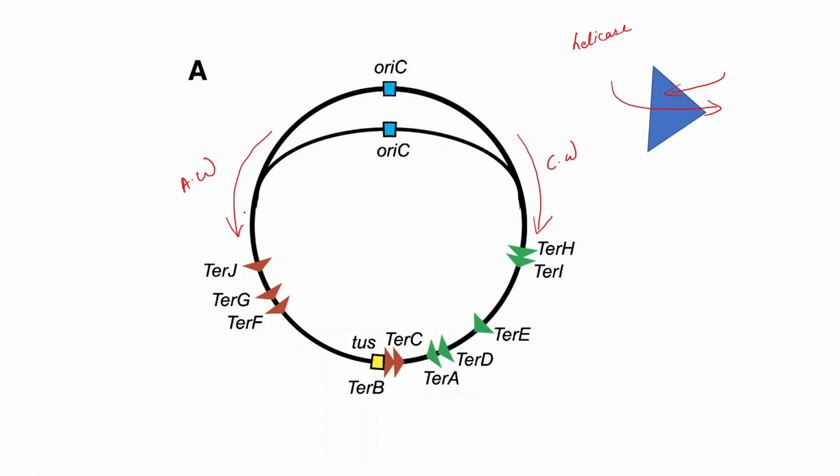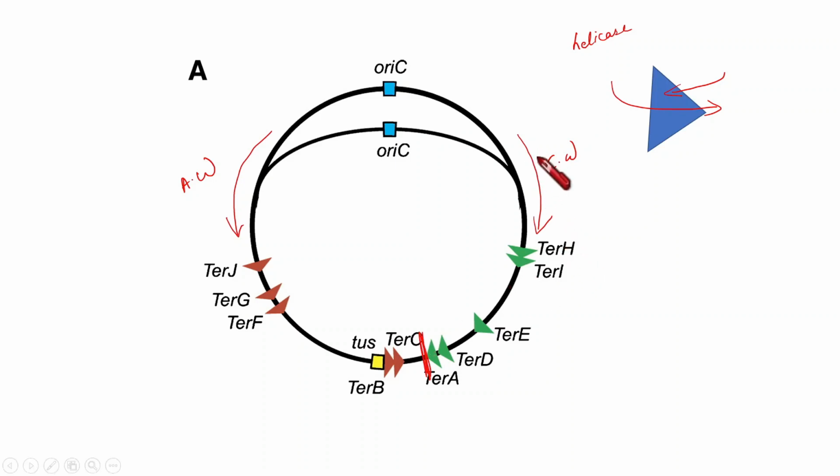Then look here. As the replication fork moves, the helicase is untwisting the DNA and passing through all these ter sequences because it is facing this side. So it cannot stop the helicase, and the replication will proceed. On reaching here, the other side will face the helicase coming from this direction and can stop the anti-clockwise replication here.